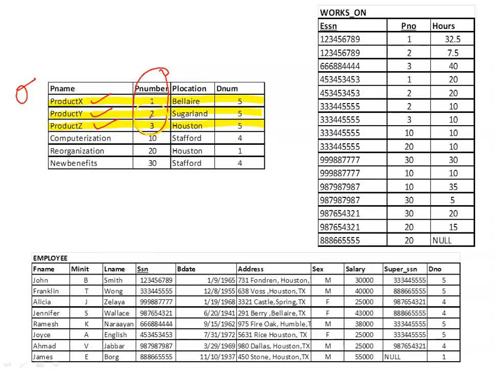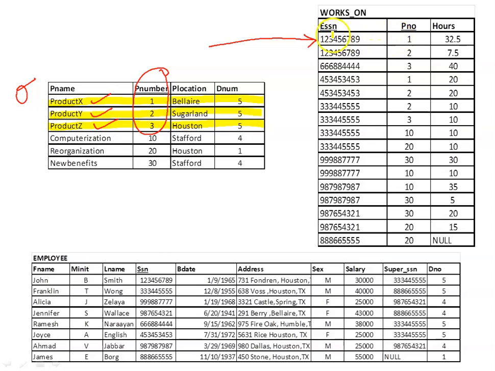Once you have this information, your next task is to find out which employees work on all these projects. That information you will be able to get from the works on relation. We'll just try to do a small mapping.